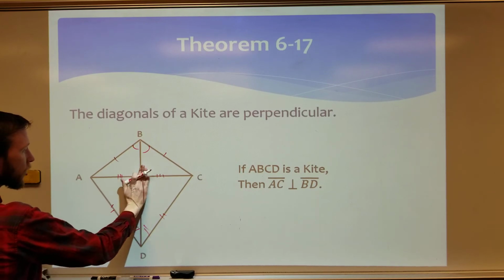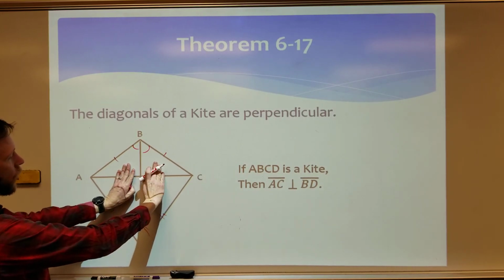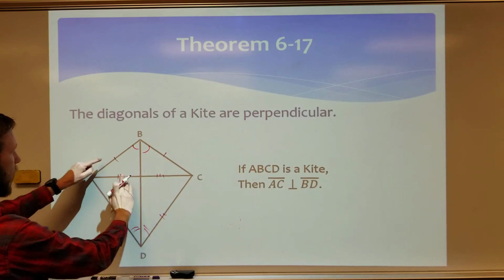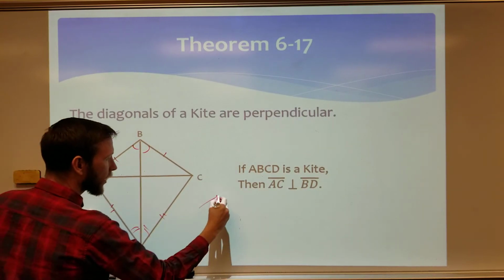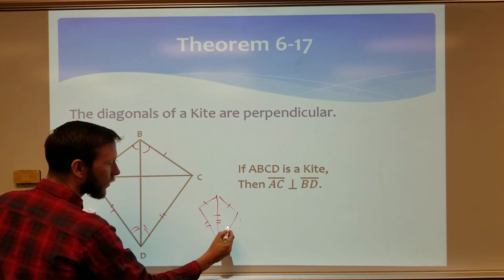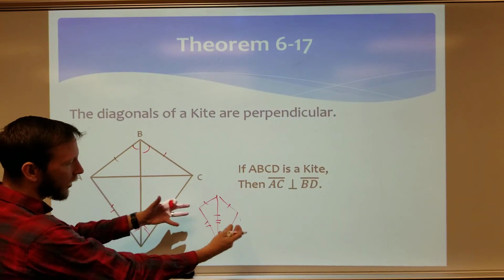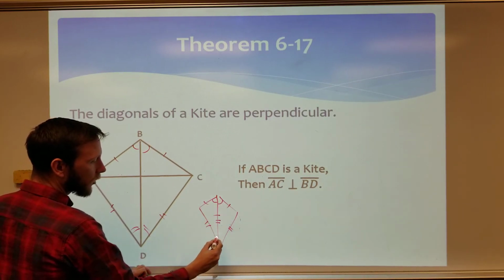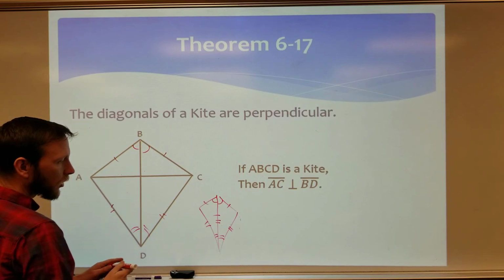And we can do that just using one of these diagonals to show that we have a pair of congruent triangles. Actually, if I draw it like this, you can see it a little bit better. If I have this drawn, we've got congruent triangles by side, side, side. That means that this angle and this angle are congruent, this angle and that angle are congruent.